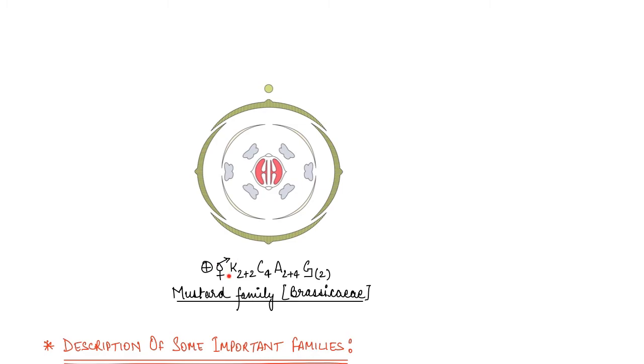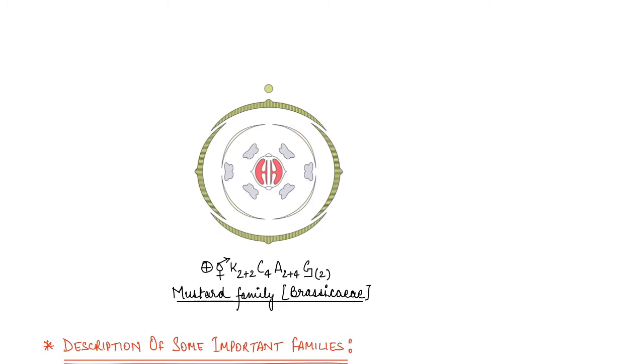Then comes calyx. Calyx is 2 plus 2. So if you see the outermost, these two plus these two, right? So 2 plus 2. Then we have corolla as 4. So inside that we have 1, 2, 3, and 4 corolla petals. Then is androecium, 2 plus 4. So there are 1, 2, 3, 4 as in longitudinal and 2 on the sides.